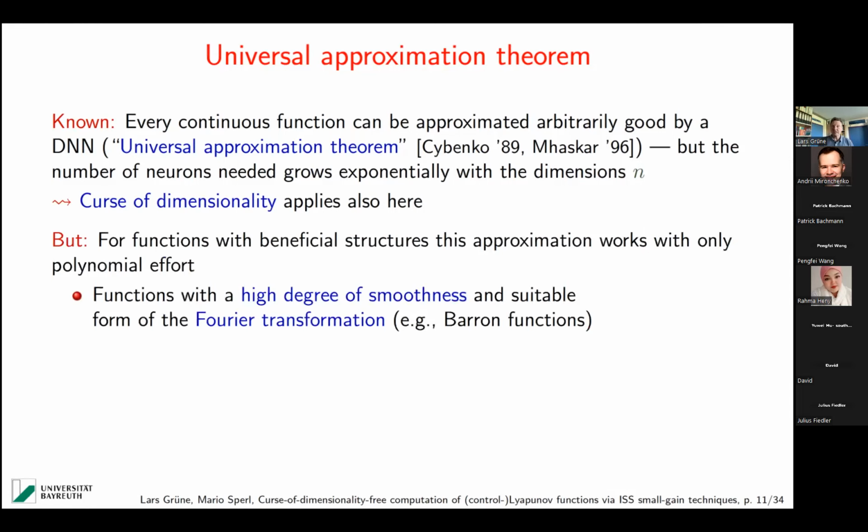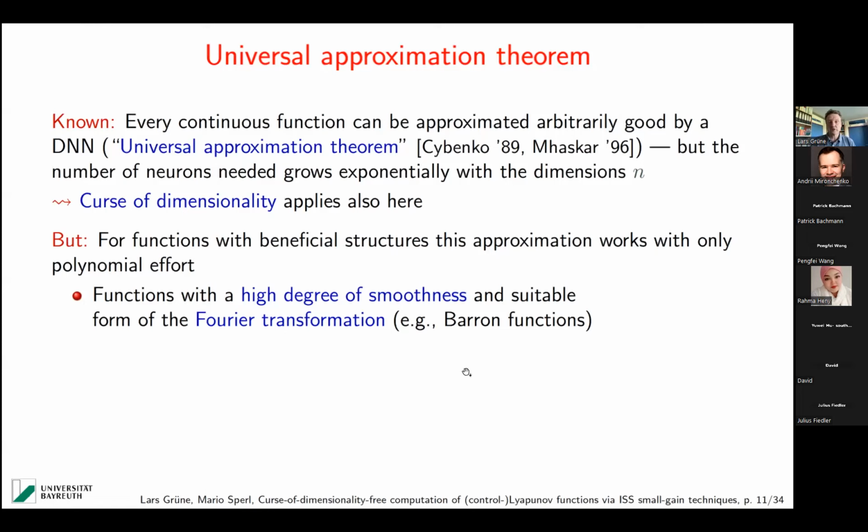But there are certain function classes where it is known that they work very well. And one of these function classes are functions which are very smooth, have a high degree of smoothness and a suitable form of, for example, the Fourier transformation. Certain assumptions on the Fourier coefficients need to be satisfied.